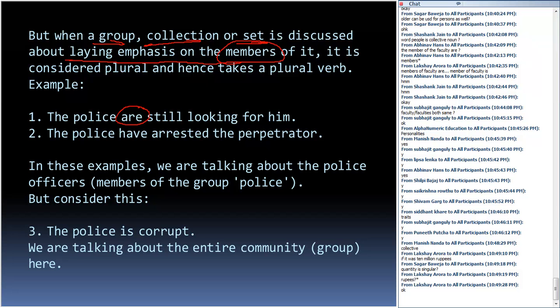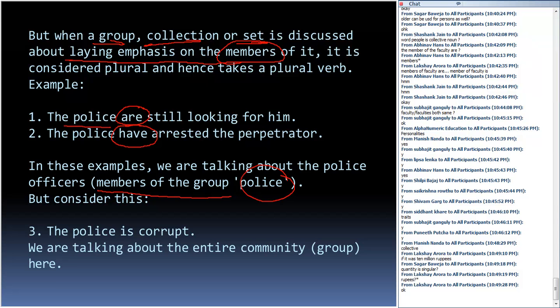But otherwise, the police is actually a collective noun. Police तो पूरे group है ना. But over here, if I say the police are still looking for him, and not say the police is still looking for him, or if I say the police have arrested the perpetrator, I don't say the police has arrested the perpetrator. It implies that I'm not talking about the group per se. I'm talking about the members of the group police. That means I'm talking about policemen.